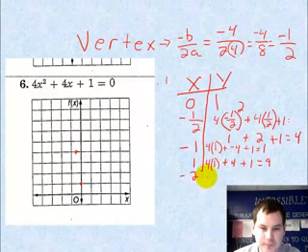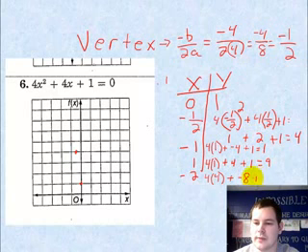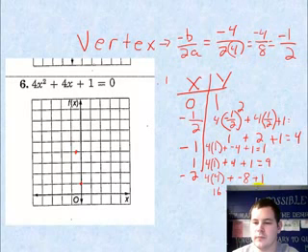Plug in negative 2. I get negative 2 squared is 4, times 4. Then we have plus, I have negative 2 times 4 is negative 8, plus 1. So I got 16 minus 8 plus 1 equals 9.